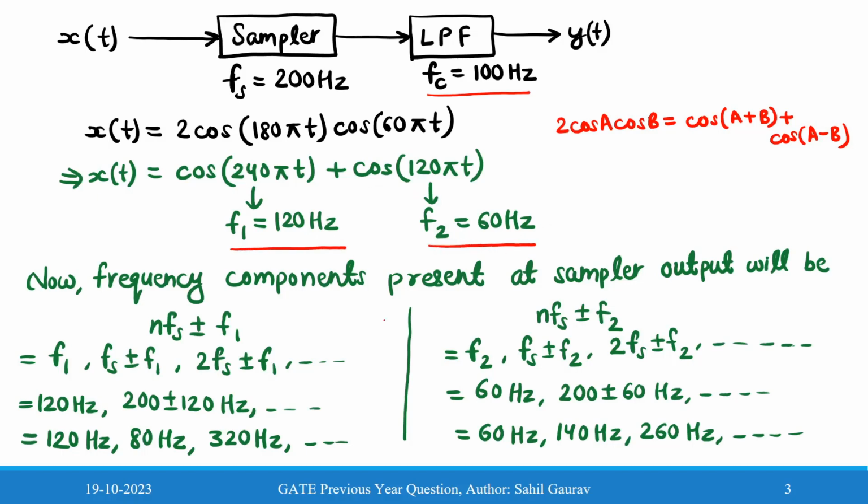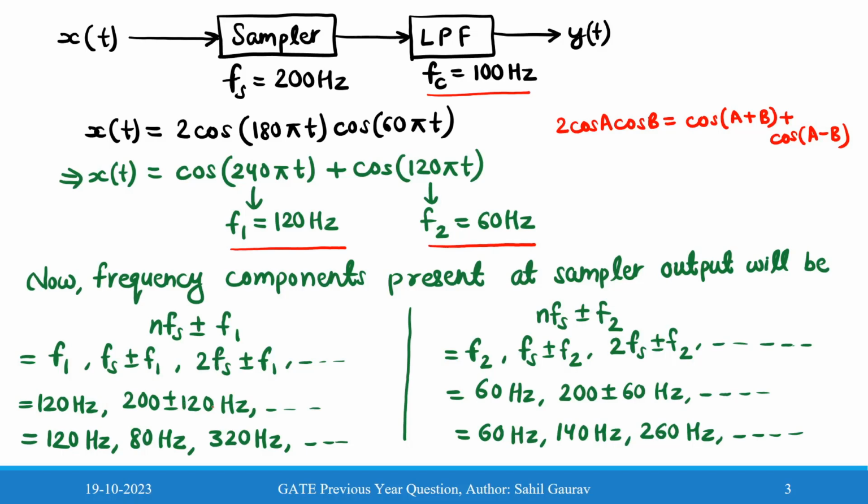Now we get the frequency components present at the sampler output. One set will be nFs plus minus f1, and another will be nFs plus minus f2. Writing this for f1: f1 is 120 Hz, and Fs plus minus f1 gives 200 plus minus 120 Hz.